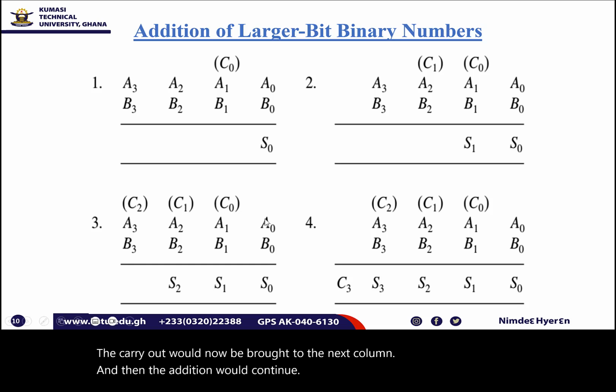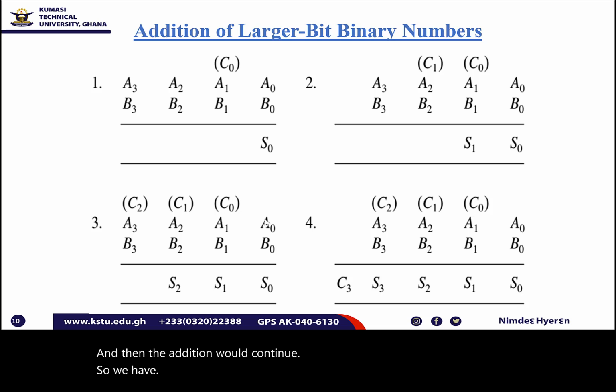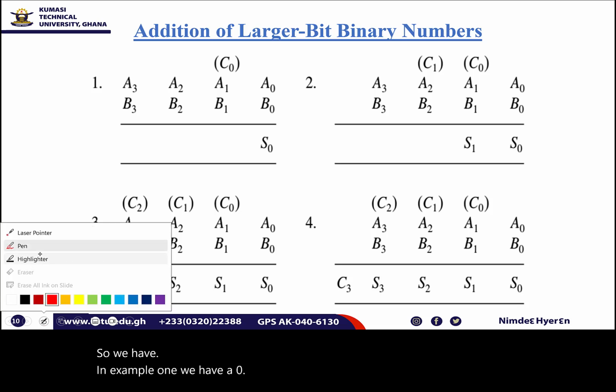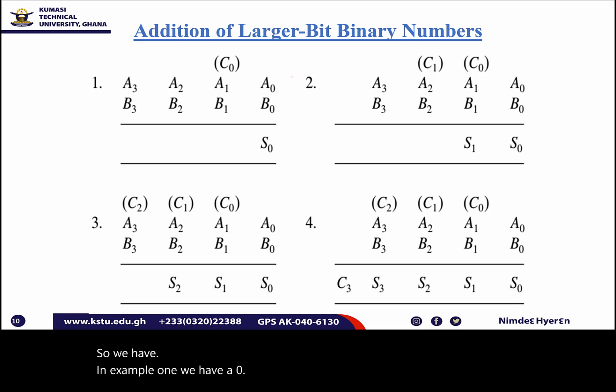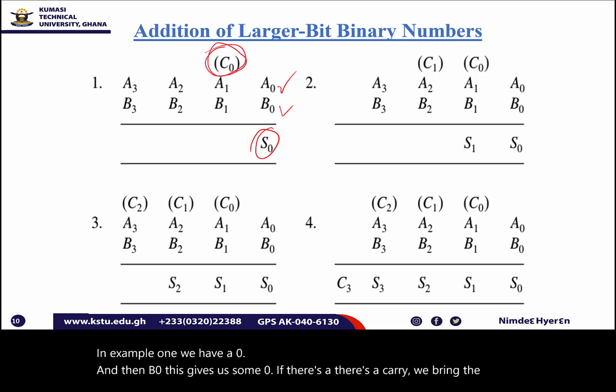So we have, in example 1, A0 and then B0. This gives us sum 0. If there is a carry, we bring the carry to this column and then we continue.